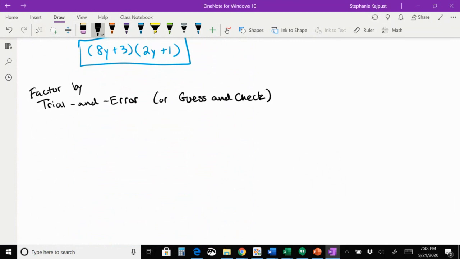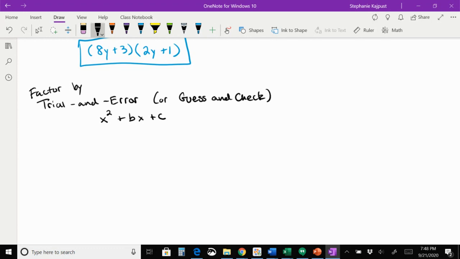And I recommend doing this only for things that don't have a number in front. So if it's only x squared plus bx plus c, and you don't have that number, because sometimes it can get a lot of work to try to do it the other way, and it's just faster to do grouping.